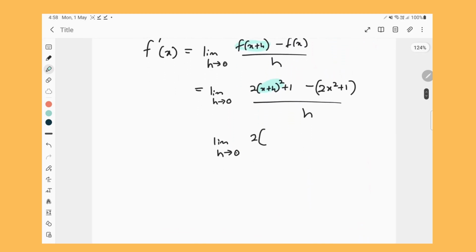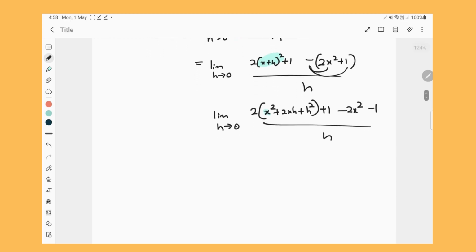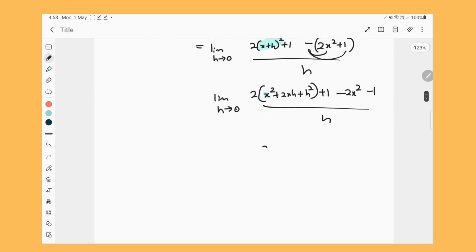So I'm gonna take that entire term inside the bracket. 2 times (x squared plus 2hx plus h squared) plus 1 minus, expand it, minus 2x squared minus 1, divided by h. So let's expand this term: 2x squared plus 4hx plus 2h squared plus 1 minus 2x squared minus 1 divided by h.